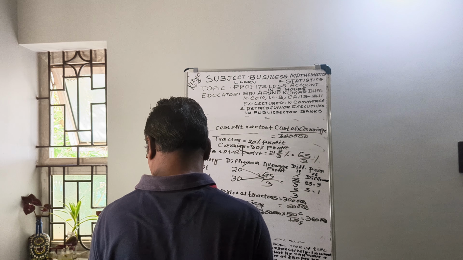So it is 78,000. So the total sales price is 4 lakh 38,000. So profit is 4 lakh 38,000 minus cost price 3 lakh 60,000. So it is 78,000.